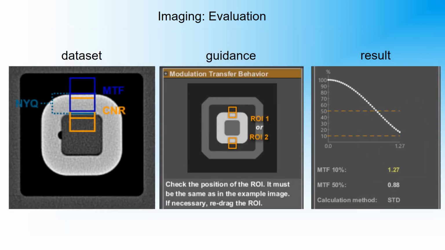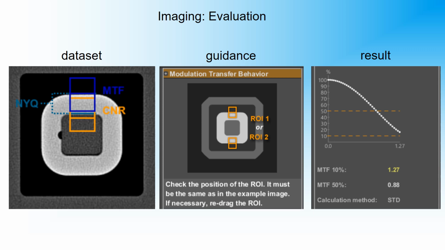Here we have a close-up of the dataset showing the structure that is evaluated for the Nyquist frequency, the MTF edge that is between the ring of PVC and air on the left-hand side, and the CNR, which is defined on the contrast between PMMA and PVC.